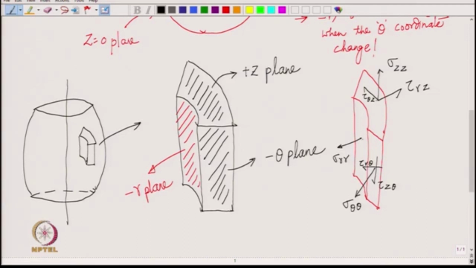So, that would be something like this, tau theta r, and then we have tau z r, that again goes down, right. So, this is tau z r. So, that is the representation of the stress matrix on a cylindrical element.